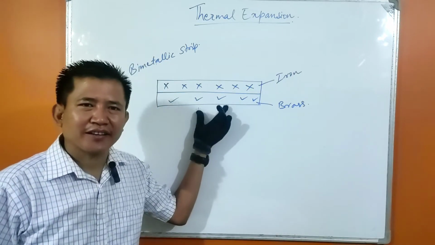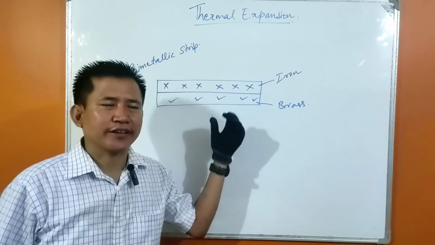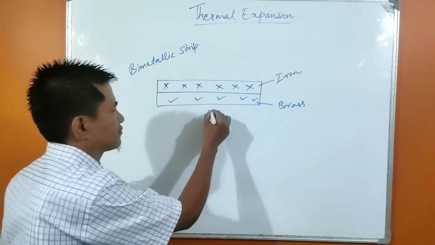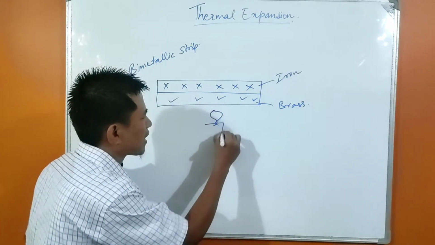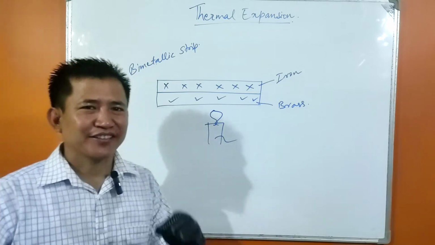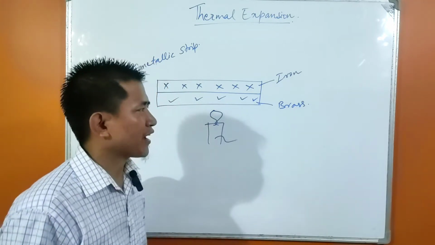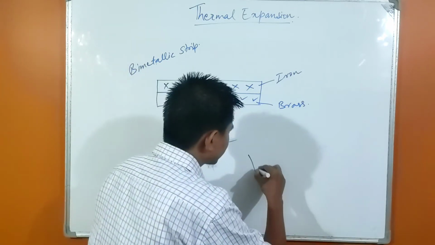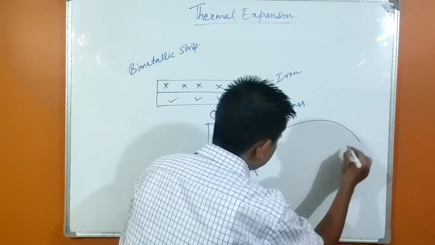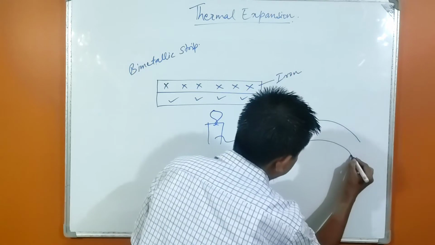So the bimetallic strip, you can see, is straight. Now let us heat this bimetallic strip and see what happens to it. When you heat this bimetallic strip, you will see the strip is found to bend like this, okay?